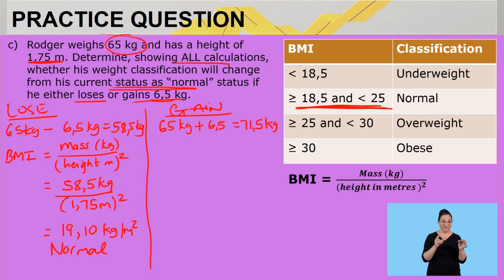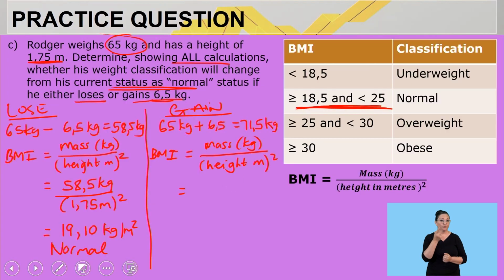Again, I'll start with my formula. BMI equals my mass in kilograms divided by my height, and that must be in meters squared. Guys, are we clear? I'm going to substitute next.